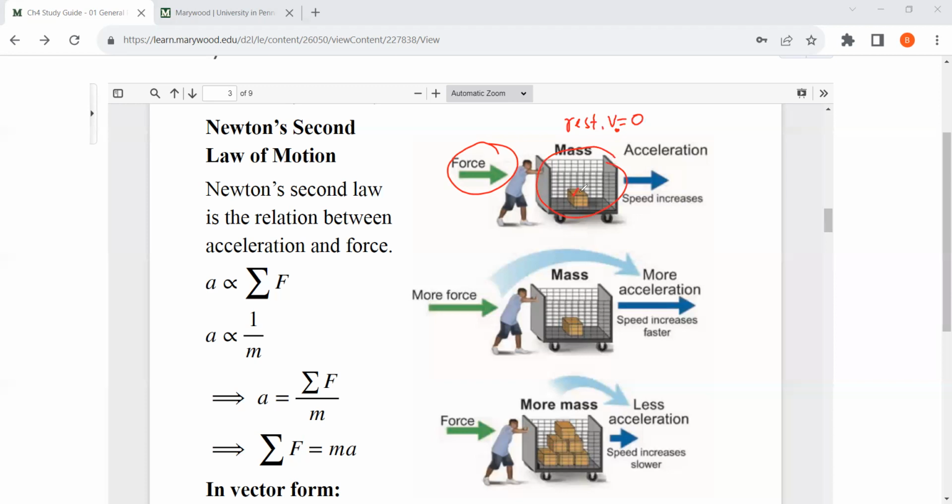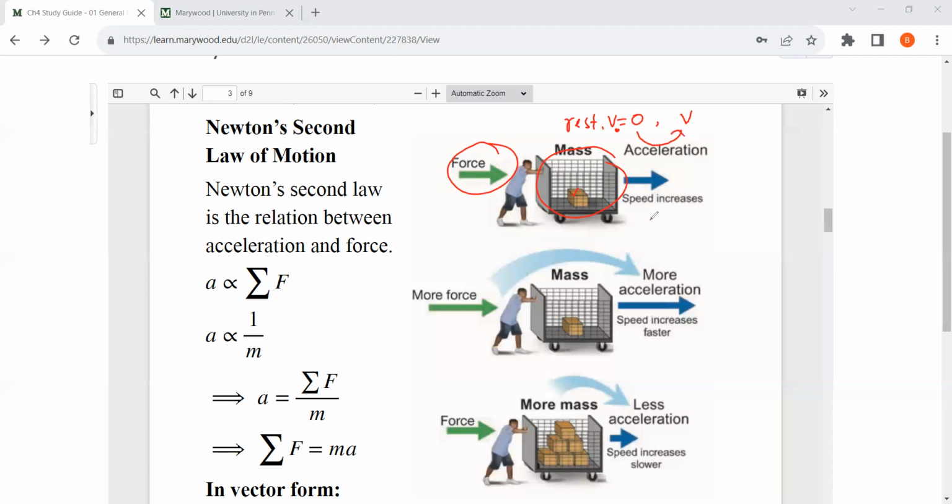That means it has some final velocity, right? When you apply this force, initially the velocity was equal to 0. Because of this force, now the velocity is some non-zero value. So what it means is velocity changes from 0 to some non-zero value, right?